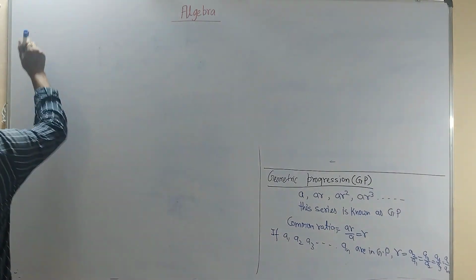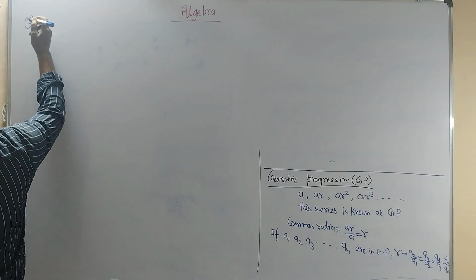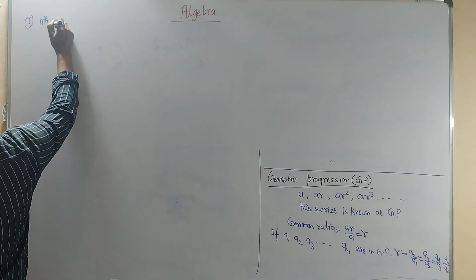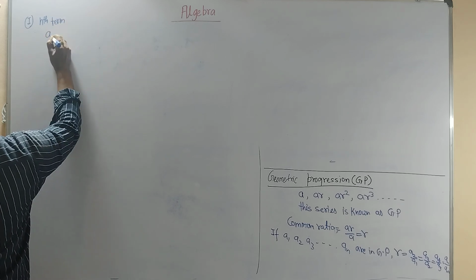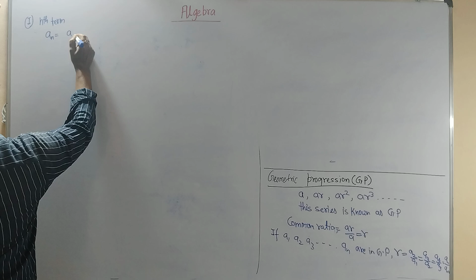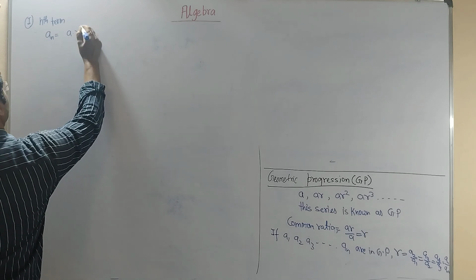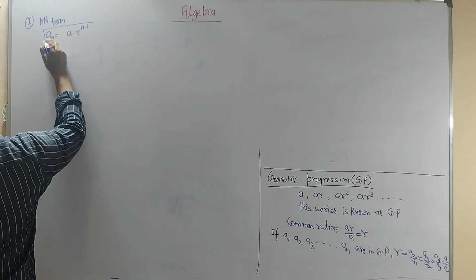So here important is if I want to find out the nth term, so the nth term here is an, that is equal to first term into r to the power n minus 1. So this is the nth term.